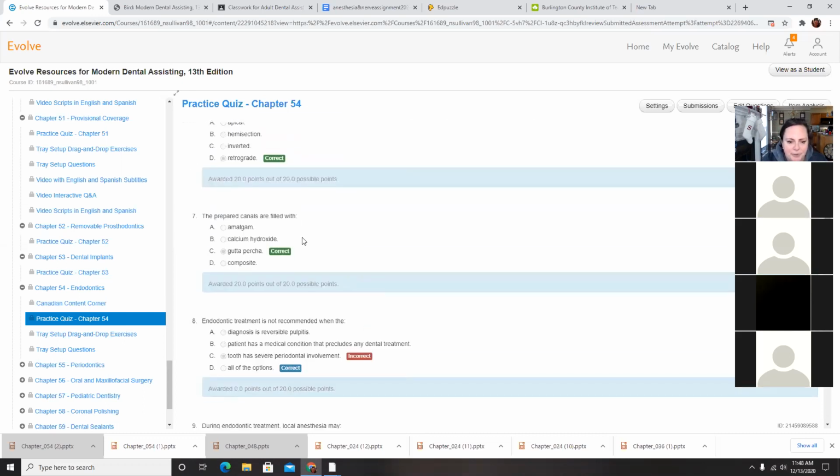The canals are filled with gutta percha. All of the options. Okay, so is not recommended. So let's look up reversible pulpitis here.